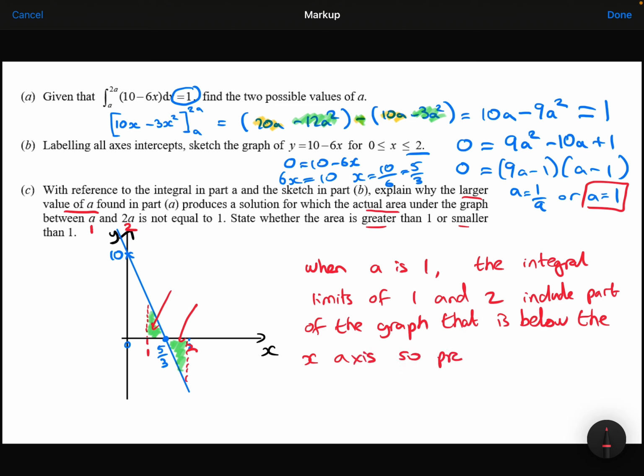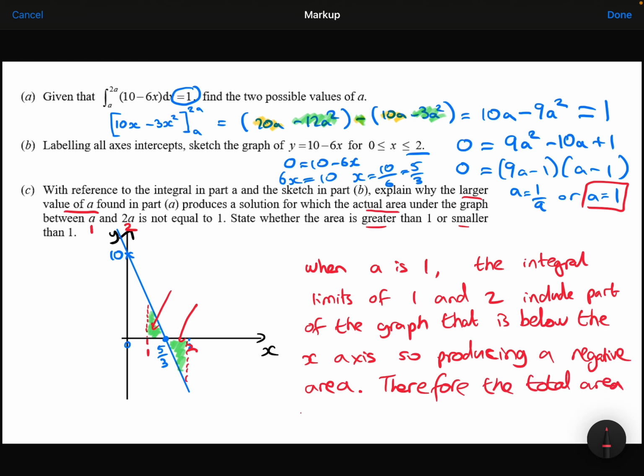So producing a negative area. Therefore, the total area will not equal 1, it will be bigger than that. And there we go, we have answered that question.